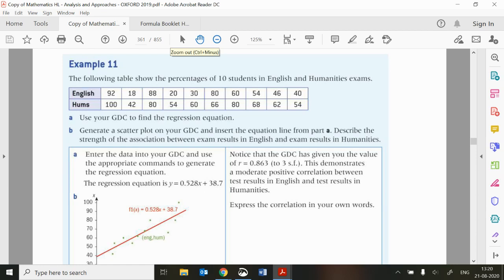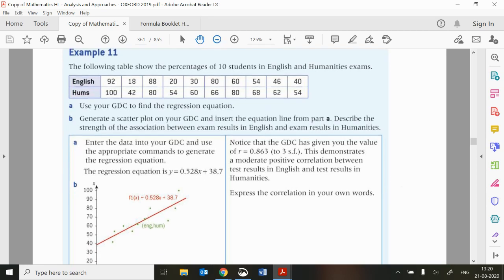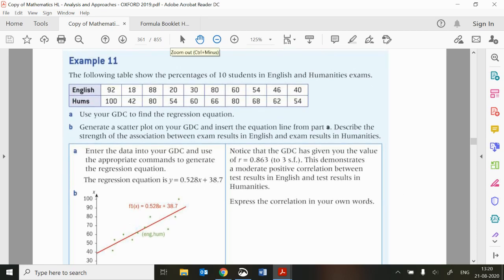So put in your English scores, for example, and put your humanities scores as your y, the second line in your table, and then you're going to do a linear regression. Let me just do it here, I've got my calculator with me. We go to statistics, statistics calculations, and then linear regression.